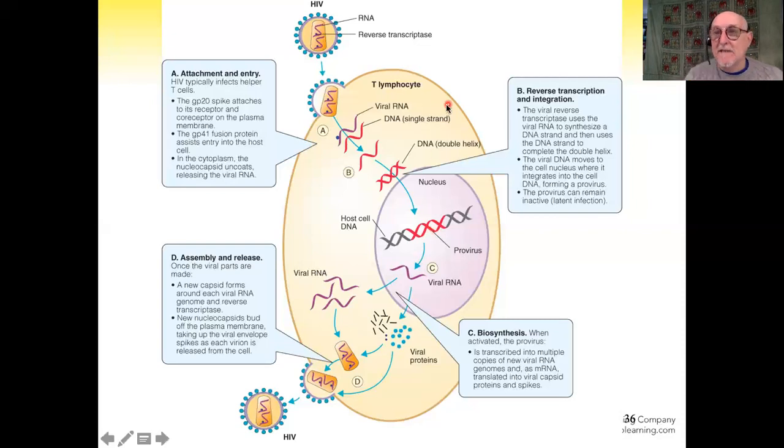But if this T cell becomes active, if this T cell is activated by having to interact, say, with a pathogen, as soon as it becomes active, what happens in the T cell is it begins to clone itself. It starts to produce massive copies of itself. And when it does so, it produces massive copies, of course, of the provirus as well.